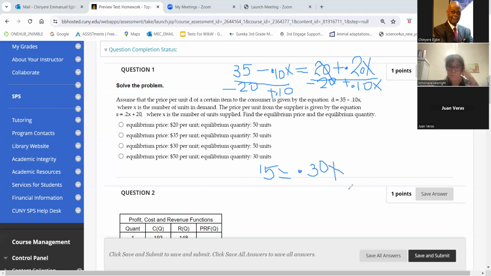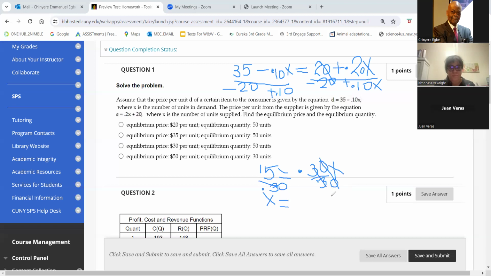And so what is x? X then becomes, if you divide each side now by 0.30, 15 divided by 0.30, and you divide that side by 0.30, so x becomes, this becomes 1.